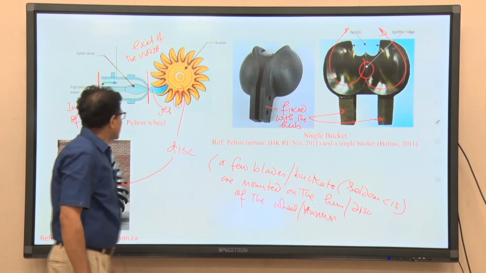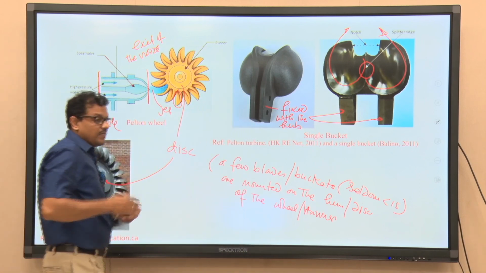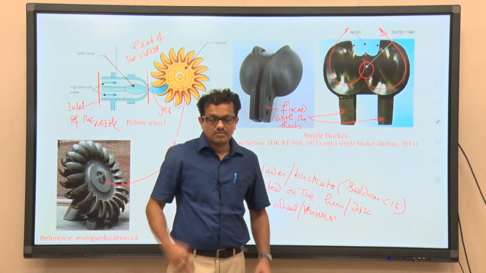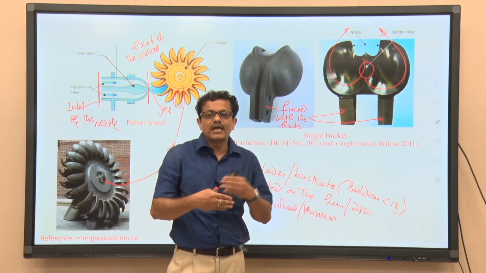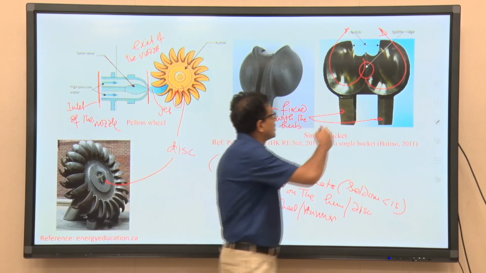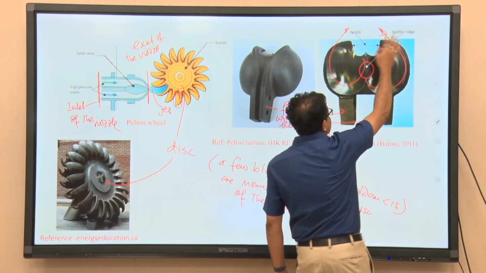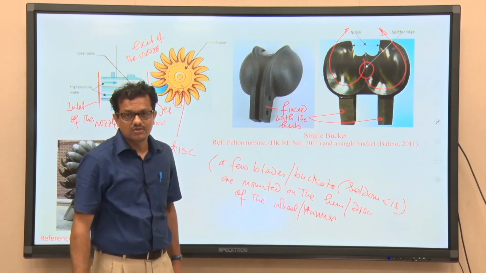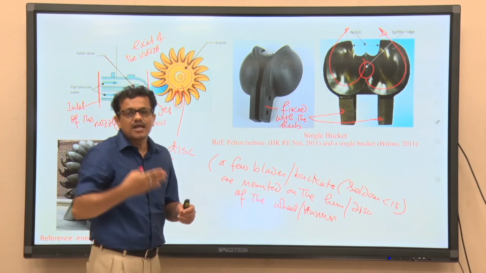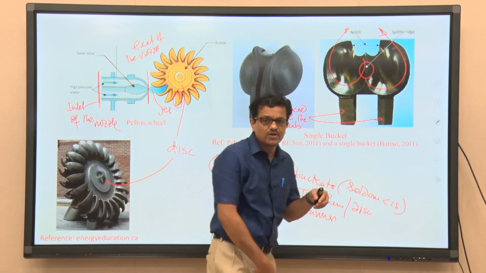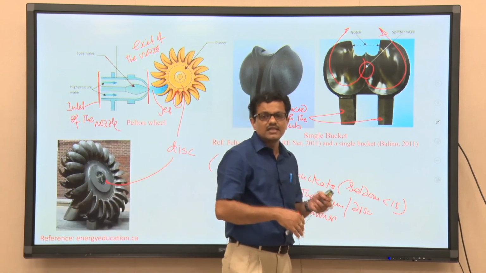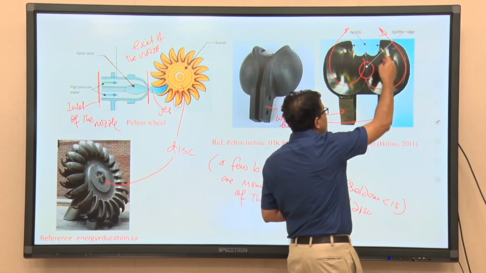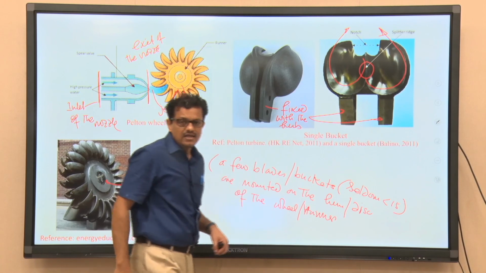So, try to understand that maximum momentum change will be achieved if the bucket could deflect this jet at an angle of 180 degrees, that you have studied in the fluid mechanics course. But from the practical point of view, it is not possible to design the bucket in such a way that it will deflect the jet at an angle of 180 degrees.